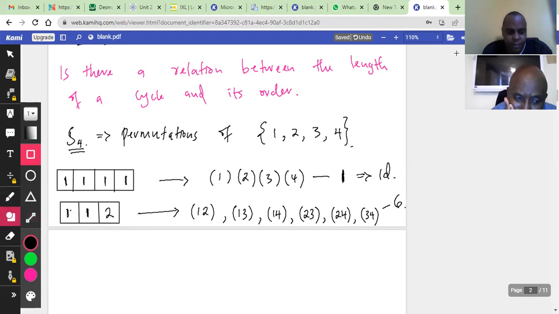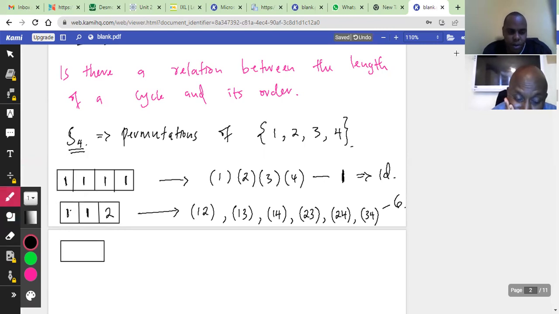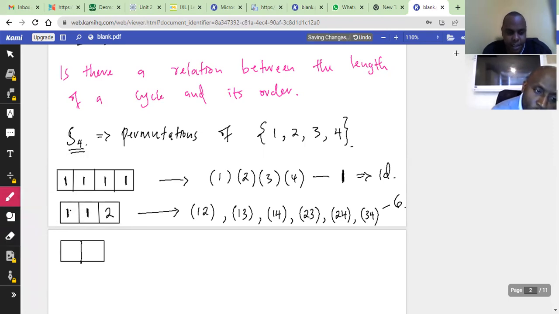I could divide it into 2. I still have my 4 letters, but I want to switch exactly 2.